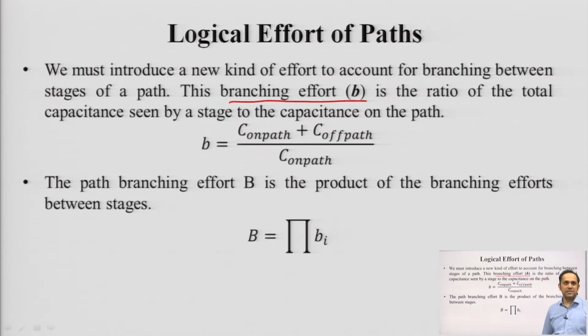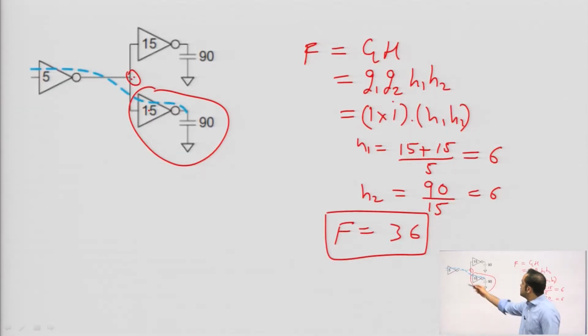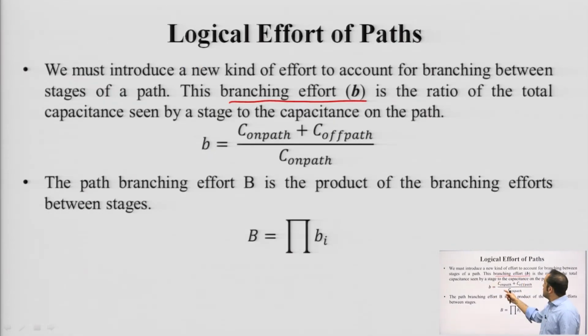And this is the ratio of the total capacitance seen by a stage to the capacitance on the chosen path. So, in the previous circuit, if this was my chosen path, that will be the capacitance of that path, and the numerator will have the capacitance of that path plus the path which I did not take.